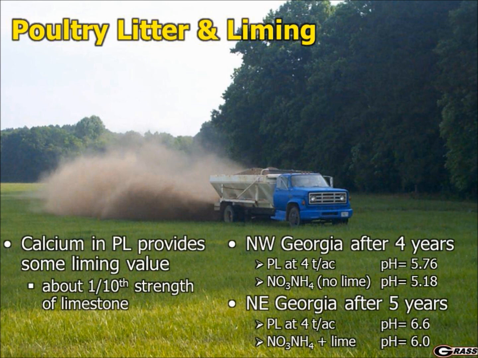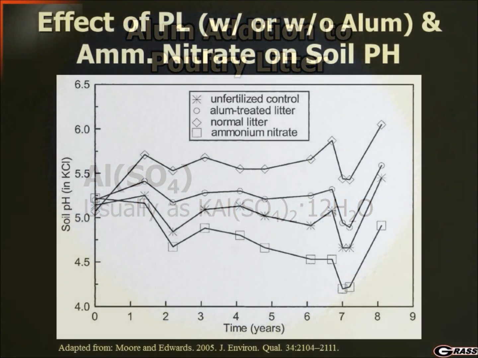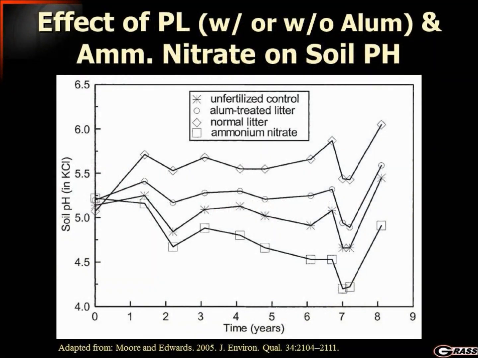However, we get a lot of questions about the use of alum in our poultry houses to control ammonia in those poultry houses. What effect does that have on the effectiveness of poultry litter? What effect is that having in the real world in our soils? Well, let me walk you through this graph.